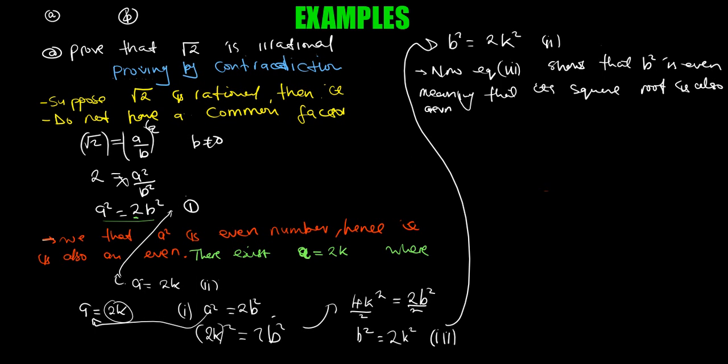So we conclude by saying a and b have a common factor of 2. Since they have a common factor of 2, this contradicts our earlier assumption that they do not have a common factor.